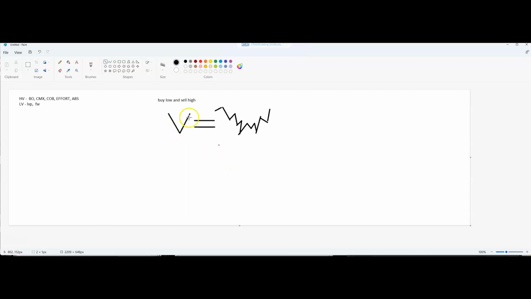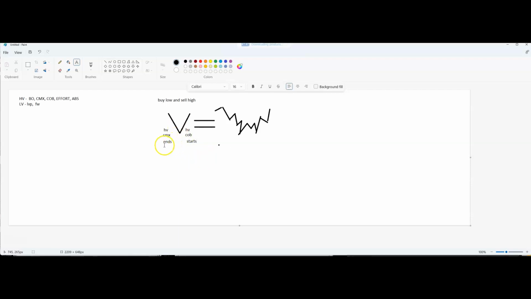So they go down and up. What you'll notice is where the high volumes are. The high volumes are here and here. What is this and what is this? This is your climactic behavior. This is your change of behavior. This ends the trend or the swing. This starts the trend or swing.